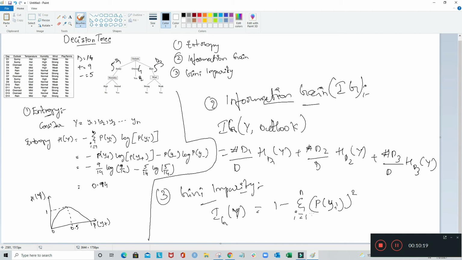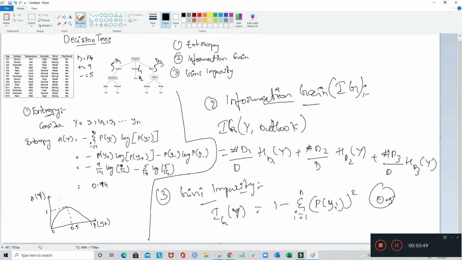So why do we go to Gini impurity when we have entropy? We ideally prefer Gini impurity over entropy because computational time will be less for Gini impurity when compared to entropy, mainly because entropy has a log term inside it. Gini impurity will have a peak value of 0.5, whereas for entropy it is 1, right?